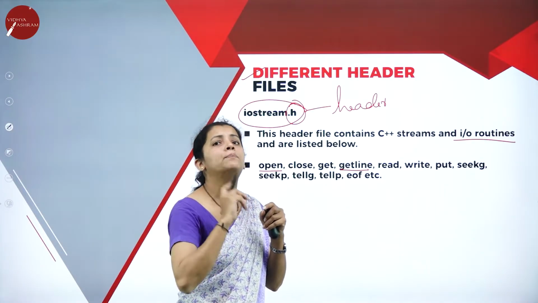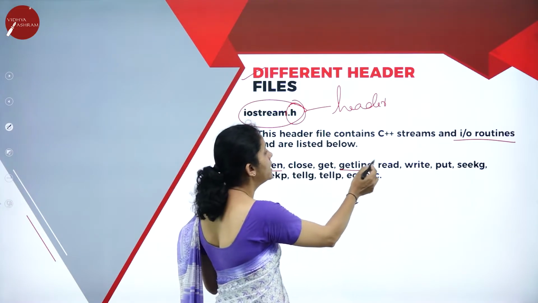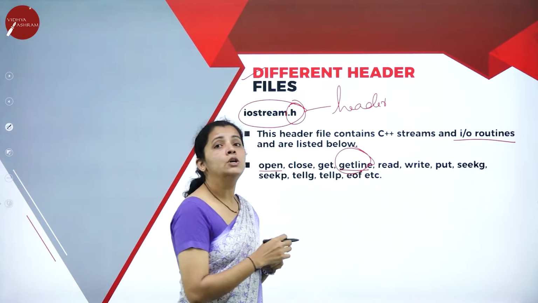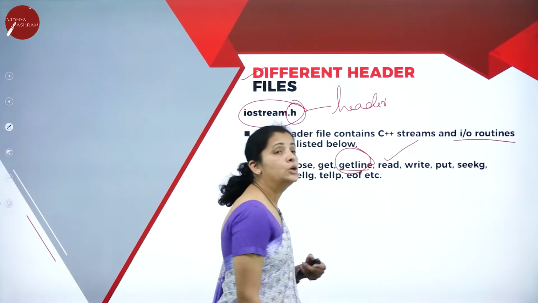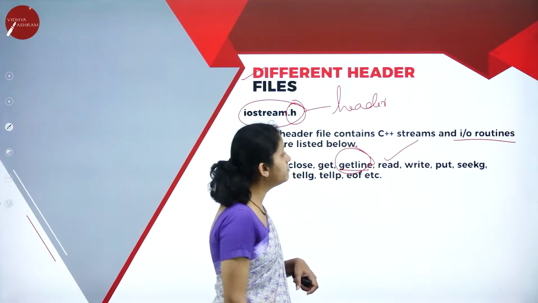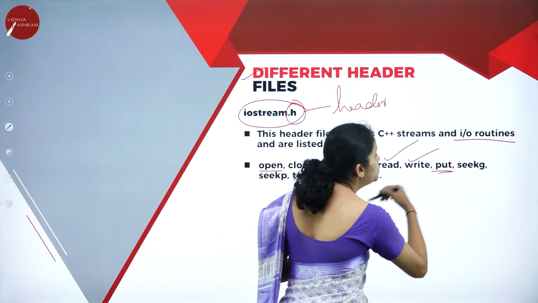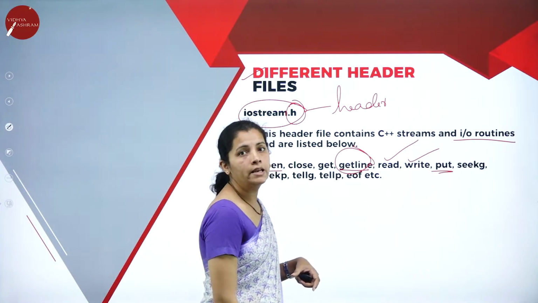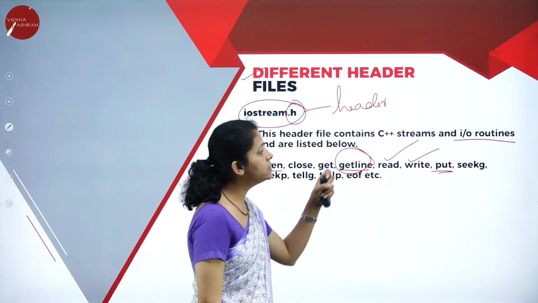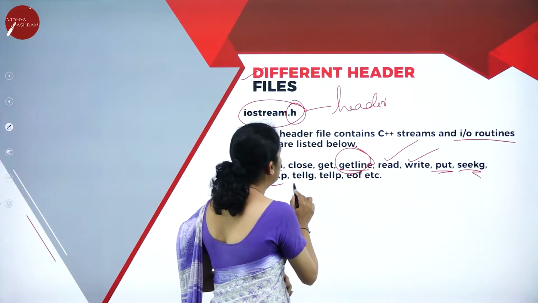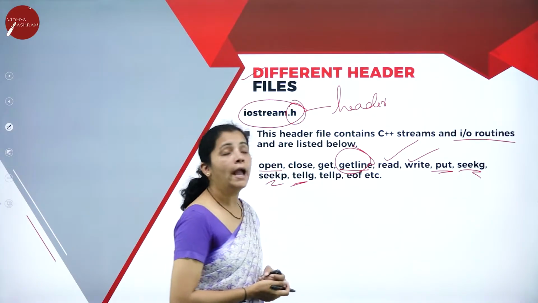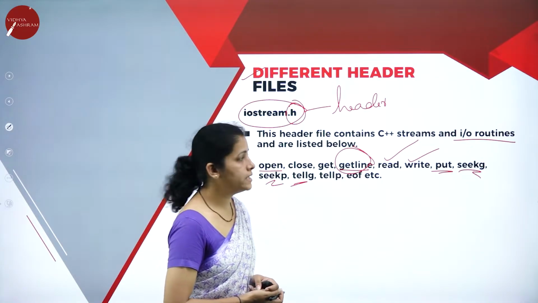If I want to get a particular line, I use the getline function. To read the file content, I have read. To write the content to another file, I have write. To read, once again get. To write, put. Then seekg, seekp, tellg, tellp, eof, etc.